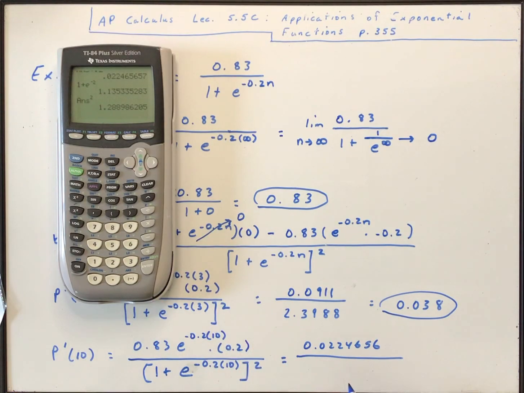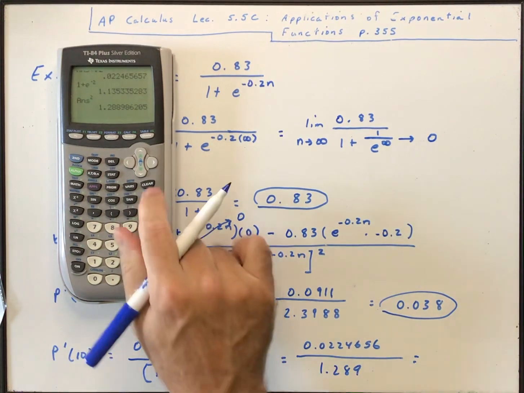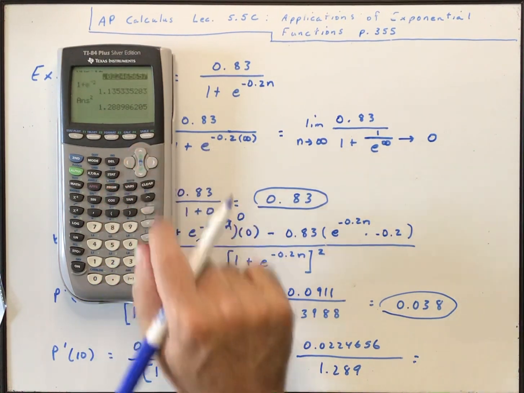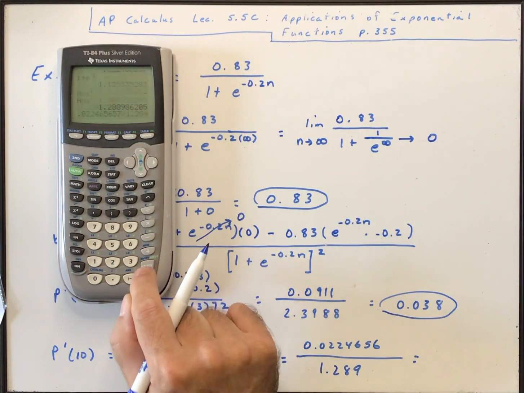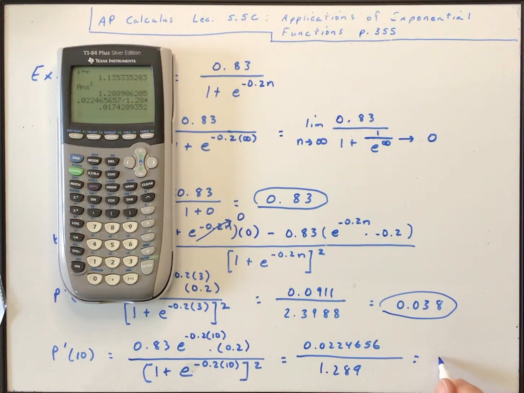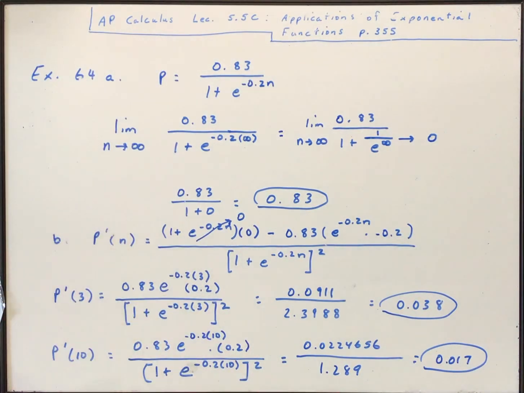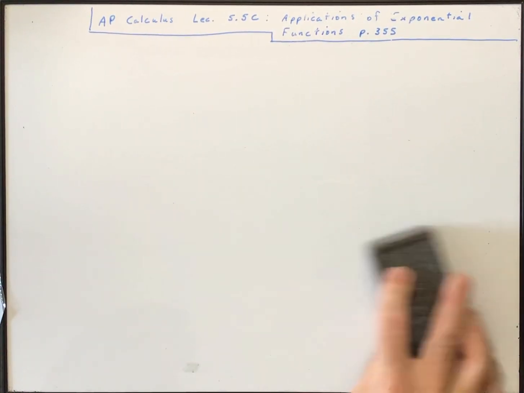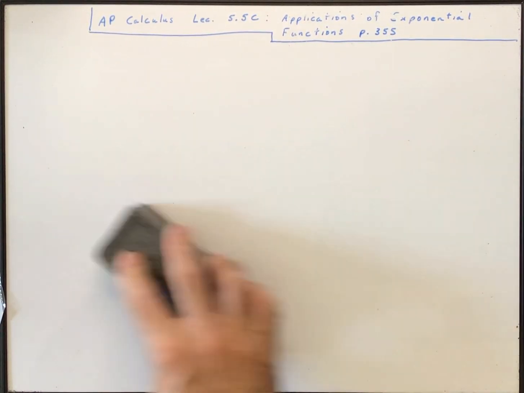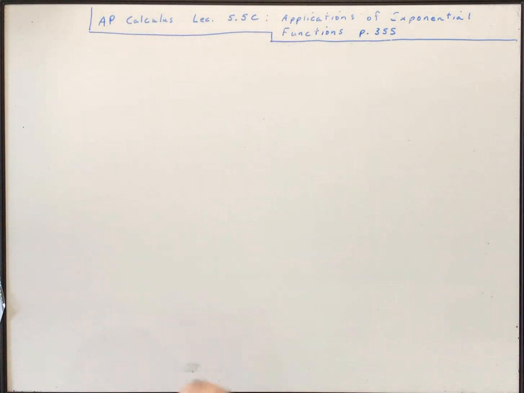We get 1.289. All right, so let's see if I can do it this way. So we'd have that divided by that, and 0.017. Okay, so that does it for this lecture. Let me go ahead and give you the homework. Didn't really need to work the one when we got P prime of 3. I probably should have stopped there, so plugging in 10 wasn't really necessary.